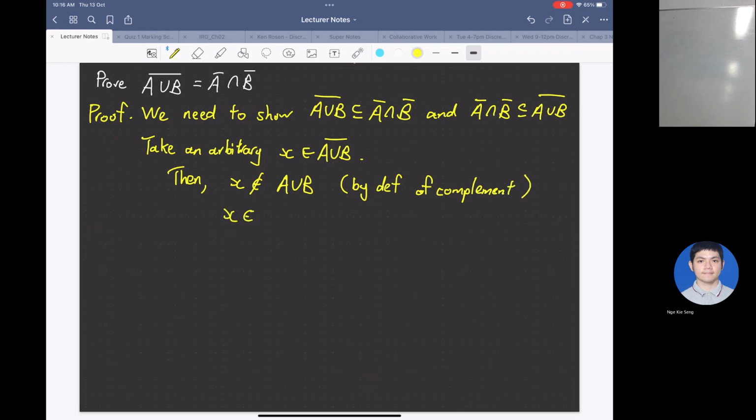Then it's not the case that x is in A or in B. Okay, this is translating to propositional logic.